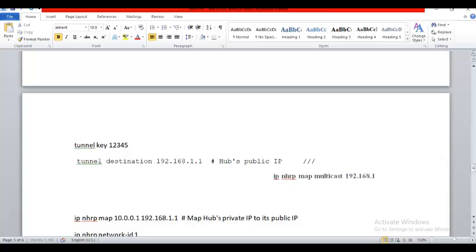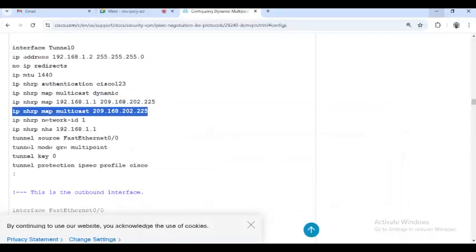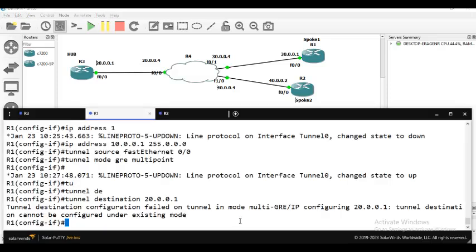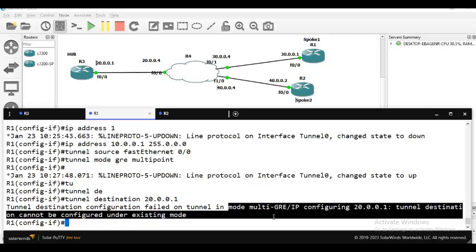So, you are not going to worry about the destination now. On this router, we are not focusing on destination. See how nicely it says you cannot have a destination when it has multi-point GRE. Okay, what is next? Tunnel ID is missing. You see, we need to give a tunnel key.